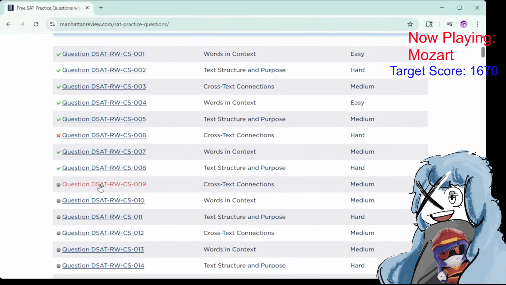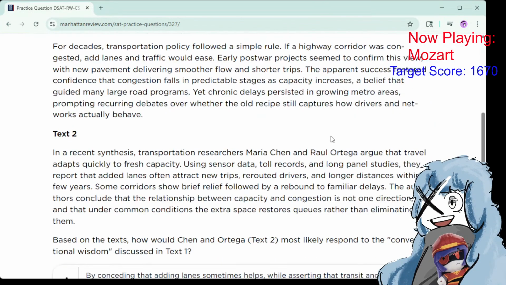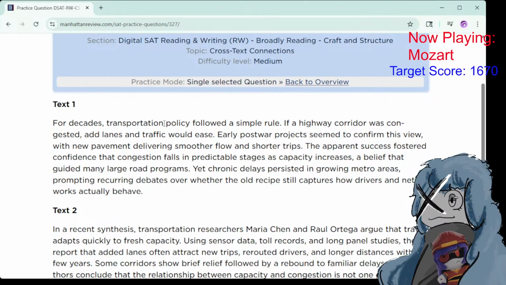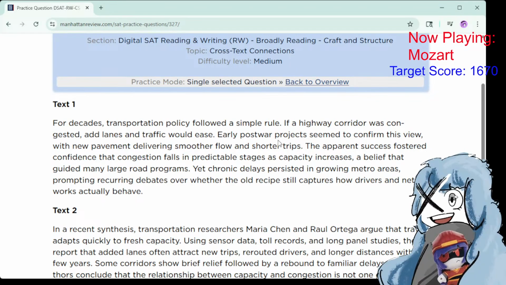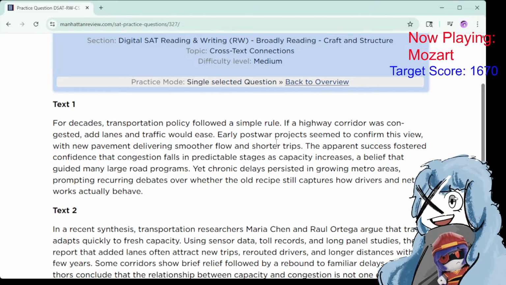Let's see. Cross-text connections. Oh, not this one again. Let's see, it's a medium one. For decades, transportation policy followed a simple rule: if a highway corridor was congested, add lanes and traffic would ease. Early post-war projects seemed to confirm this view, with new pavement delivering smoother flow and shorter trips.